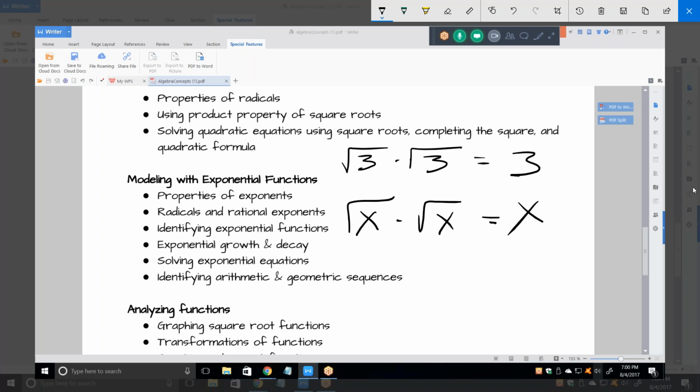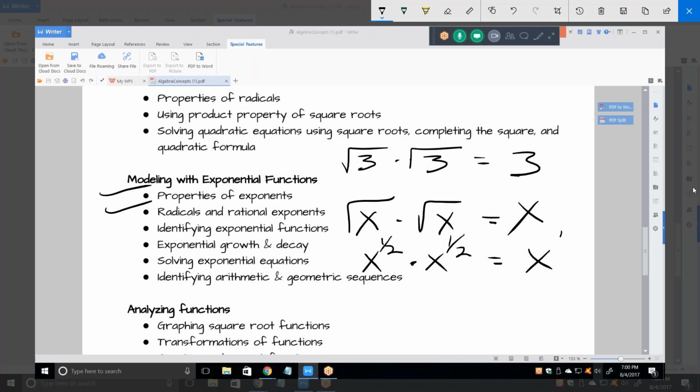Notice that there's another way I can write this. I'm not sure you're familiar with this, but we're going to get to it in these topics here. The square root of x can be written x to the 1/2, times x to the 1/2. When I multiply two things that are the same, I add the exponents.